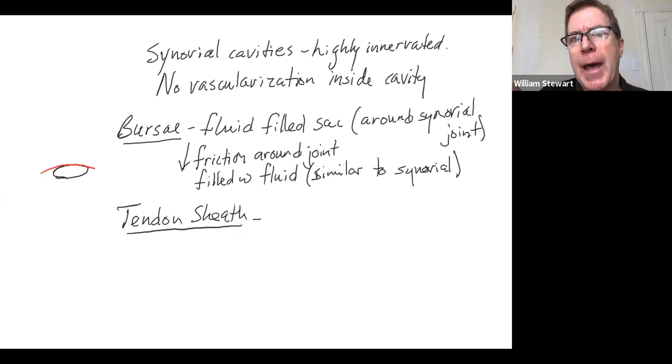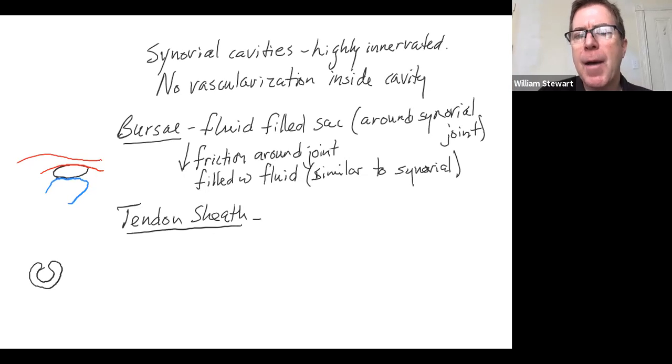It acts as a pad between a muscle tendon and a hard bone surface, if this is bone down here. So that's a bursa. A tendon sheath tends to be wrapped, almost a tubular shape. Let me get a different color. I'll be consistent here. A tendon sheath might look something like this.